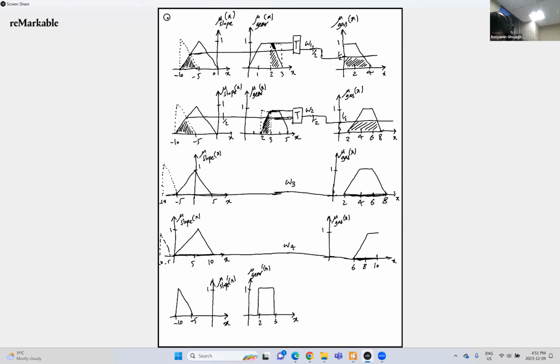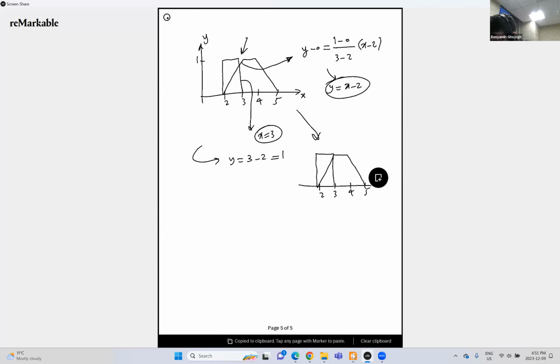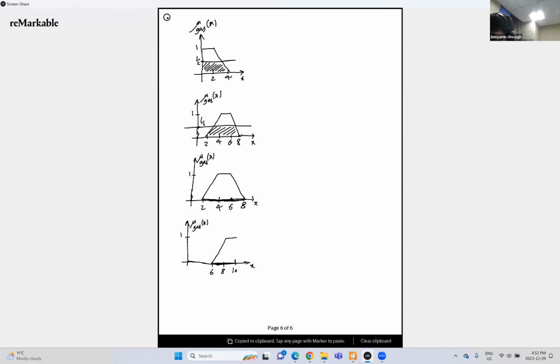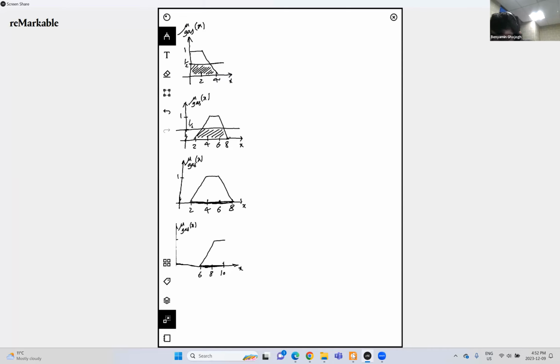Let me, if I can, copy and paste these parts so I don't draw them again. Now, what is the S norm of all of them? Let's put them all together.